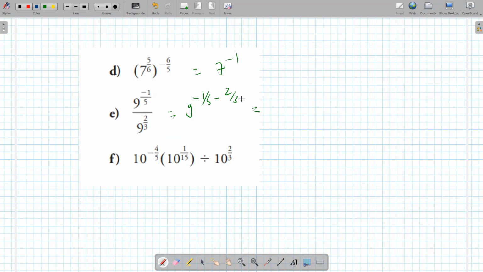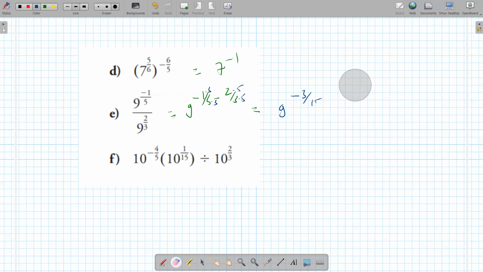You know how to do this, right? Multiply this by 3, multiply this by 3, multiply this by 5, multiply this by 5. So you get -3 over 15 minus 10 over 15. So you get 9 to the -13 over 15, and then you have to throw it in the denominator to make it positive. Usually you want to express your answers in positive exponents.